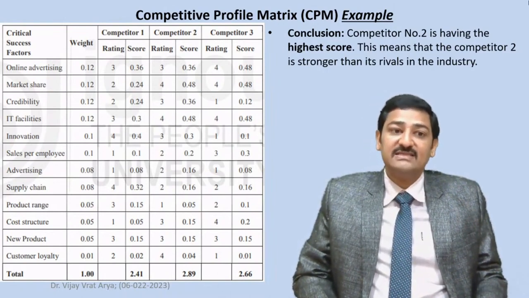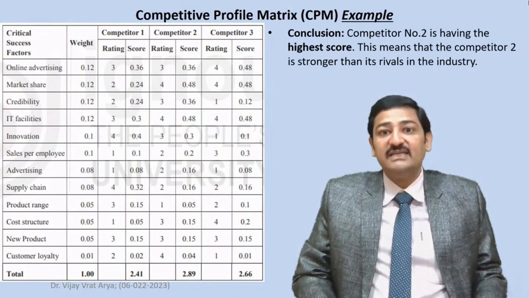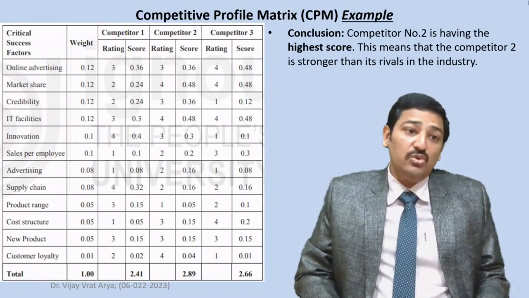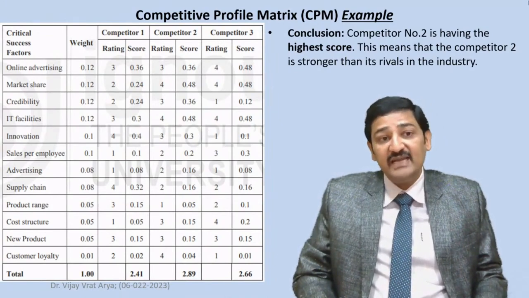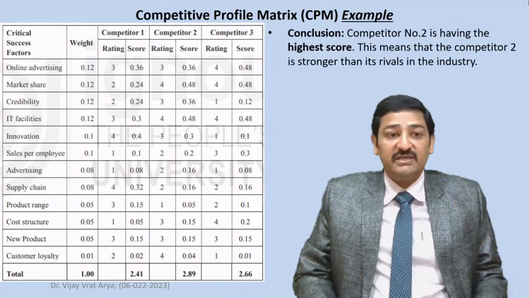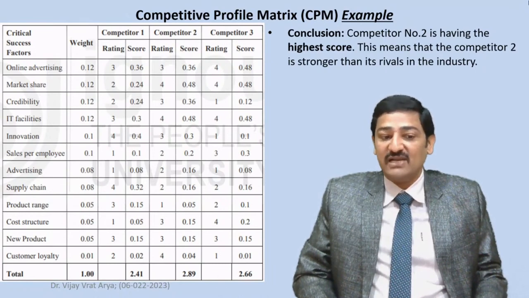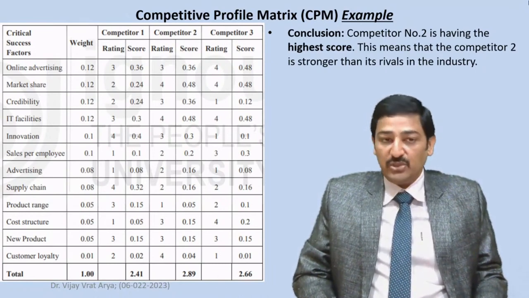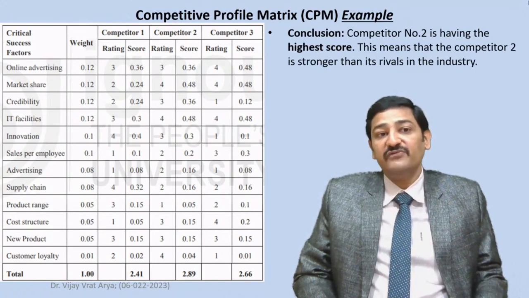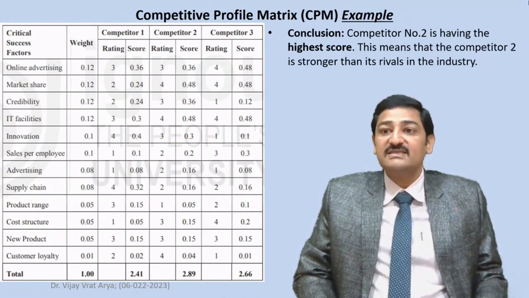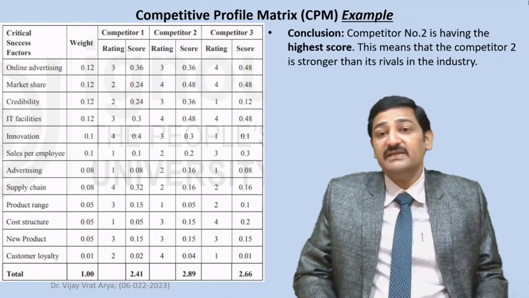Once that rating has been assigned, the weight and the rating are multiplied, the score is calculated, and the total of these scores for the respective competitor is calculated. In this scenario, a specific competitor with the highest total score is considered one of the strongest competitors in the industry.